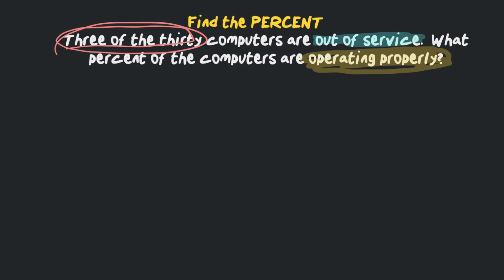Okay, so instead of doing 3 over 30, I'm going to do 30 minus 3 equals 27. If 3 of 30 are out of service, that means 27 out of 30 are in service.